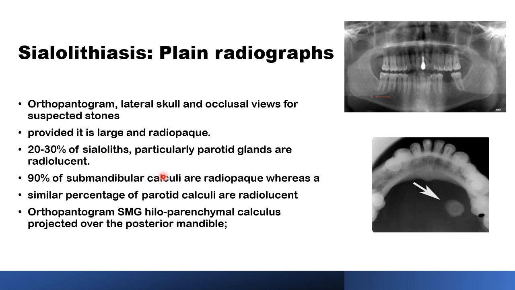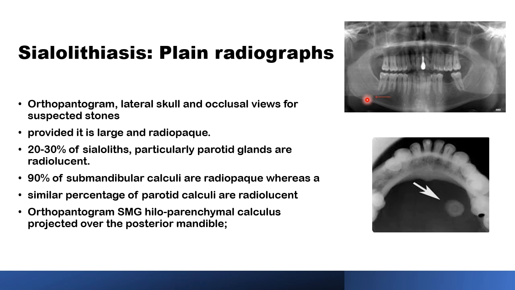Most of the submandibular stones are radio-opaque, but again it depends on the amount of calcification of the stone in order to show it. In this orthopantograph you could see a very faint shadow of a submandibular stone projected against the ramus of the mandible.